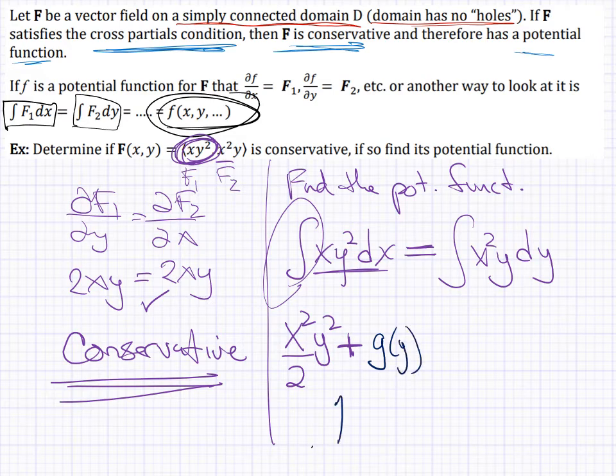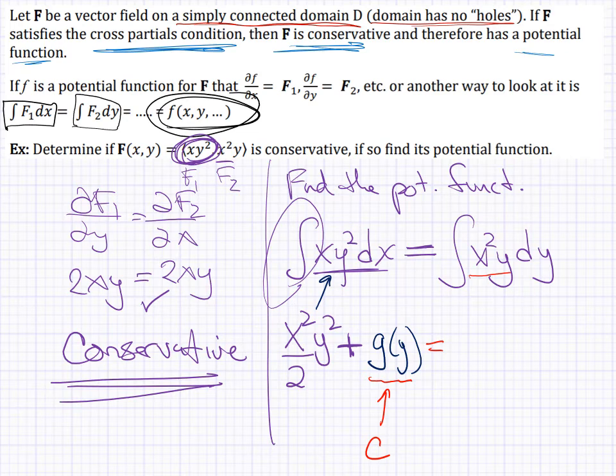Think about it. If I took the derivative of this with respect to x, this piece would give me this, and this piece would be 0, because it only has y's in it, and y is treated like a constant. It could also just be a constant itself. It could just be 2, but it could also have y's in it. So at best, the biggest it could be is this function of y. That's my constant of integration for the first integral.